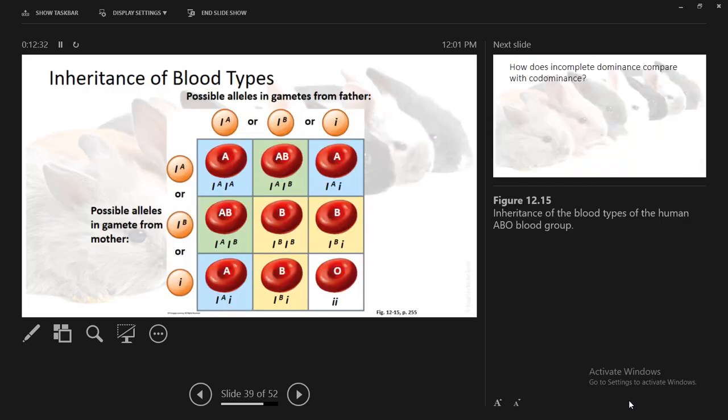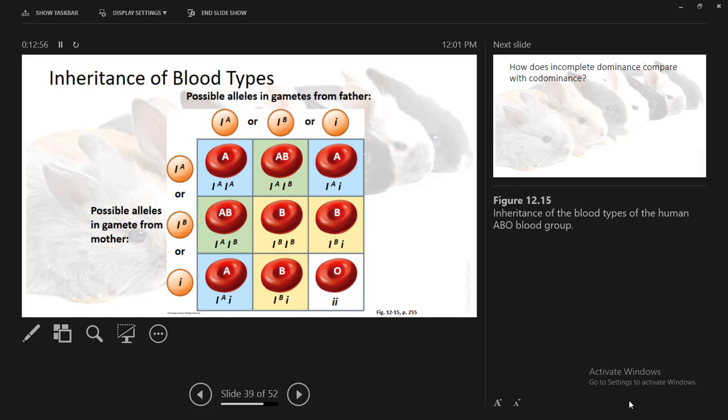Okay. And then here's a little Punnett square where basically you put all 3 different options. If you took just a random individual from the population, and you said, what might they have in their gametes? They could give the A sugar allele, the B sugar allele, or the O sugar allele. Okay?